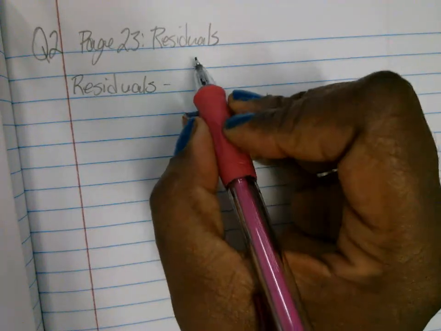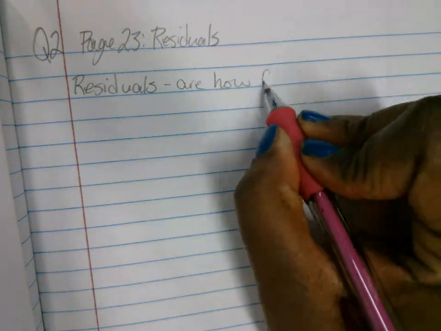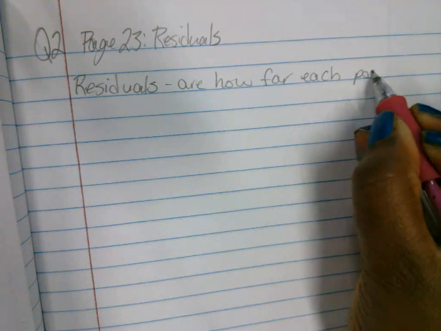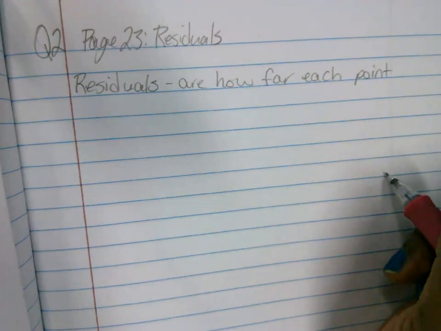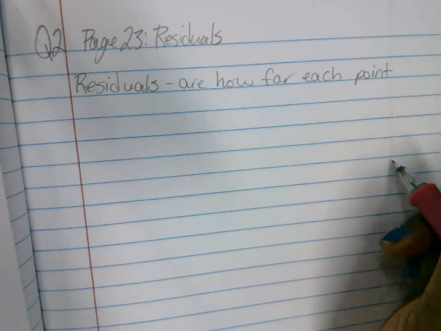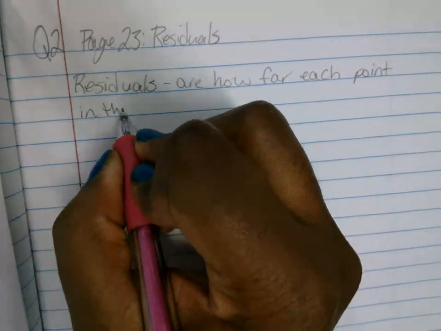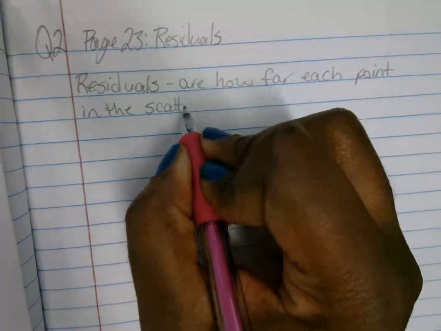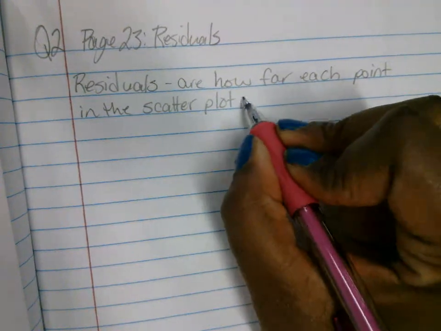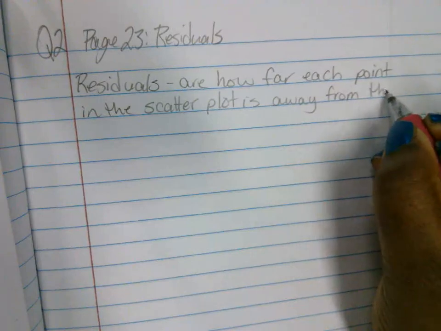So residuals are how far each point in the scatter plot is away from the line of best fit.